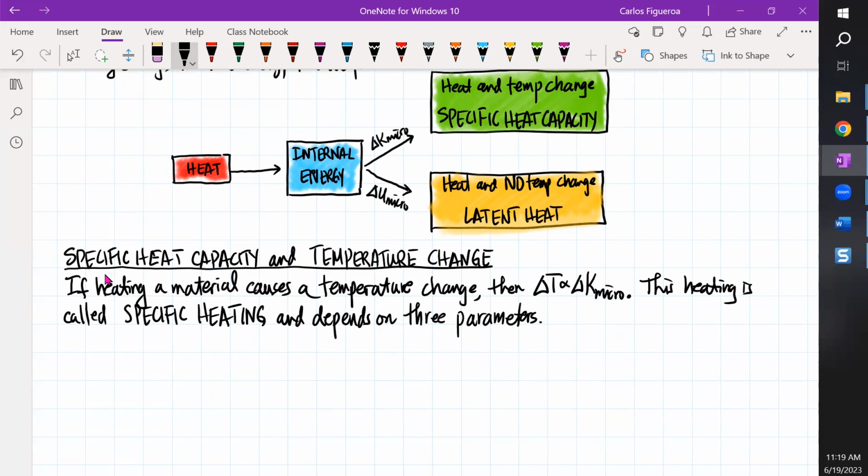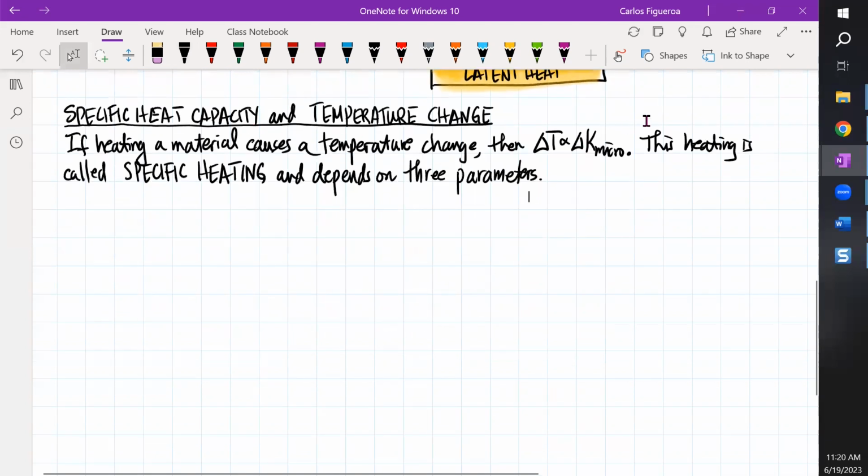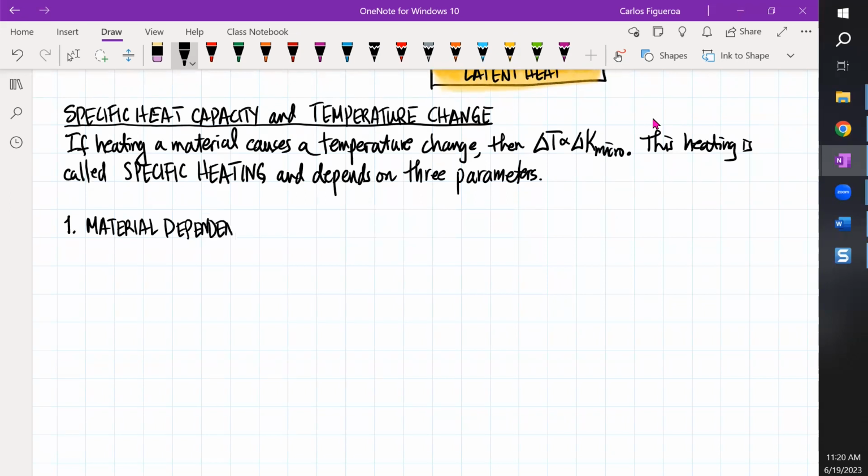Now, I'm going to describe these three parameters intuitively, not really getting into the details of the mathematics. We'll get to it. The first one is a material dependence. This is what we call, remember, specific heat capacity, but I'm just going to say heat capacity. Heat capacity is the parameter.